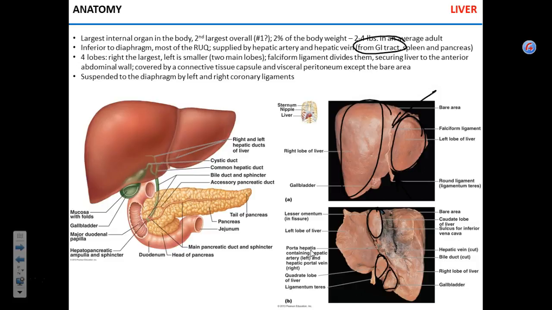It is covered by the visceral peritoneum. There is a small area here called bare area. There's no peritoneum there. It's pretty soft, squishy.